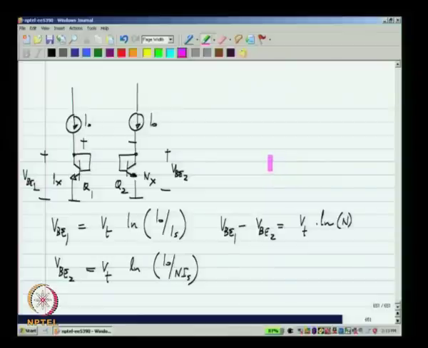Okay. So, now we have a voltage which is proportional to absolute temperature, and if this voltage appears across a resistor which is constant, then the current will also be proportional to the absolute temperature. Okay. Now, how do we do that?